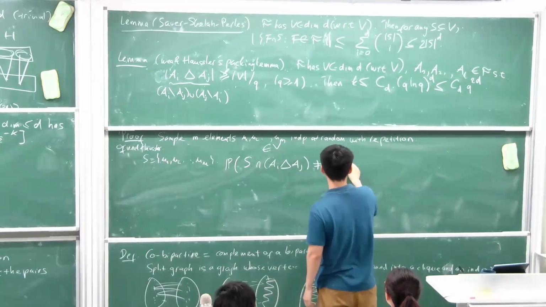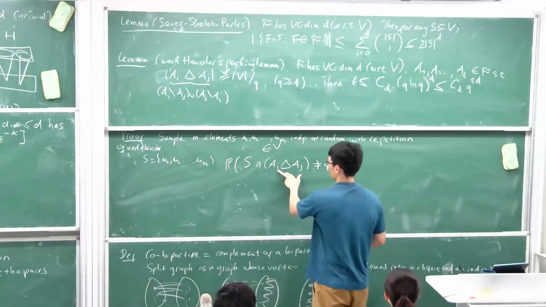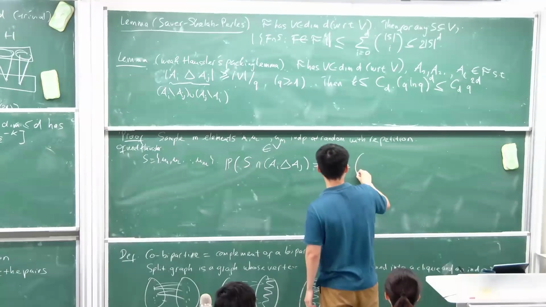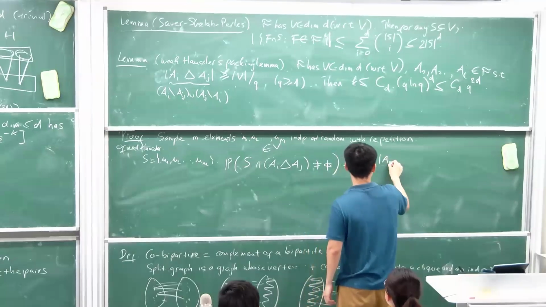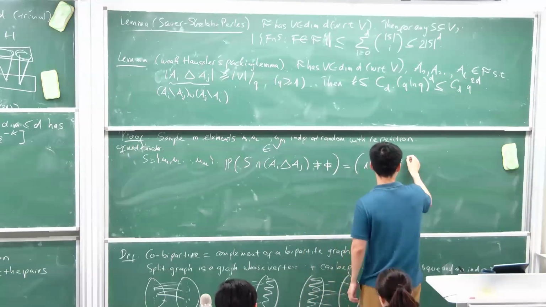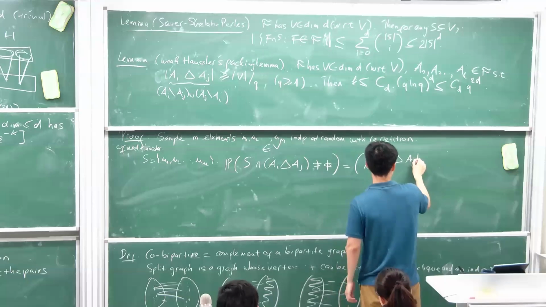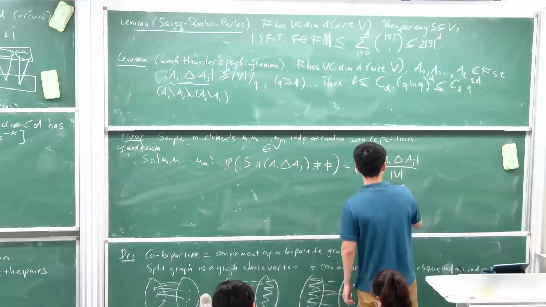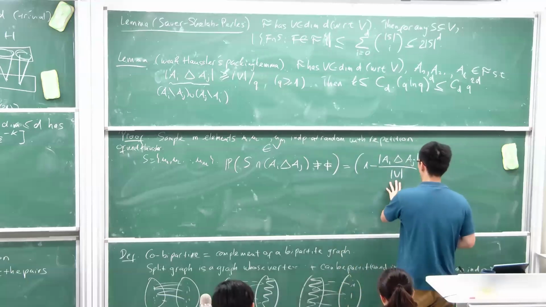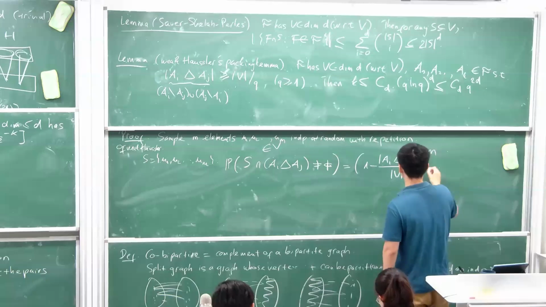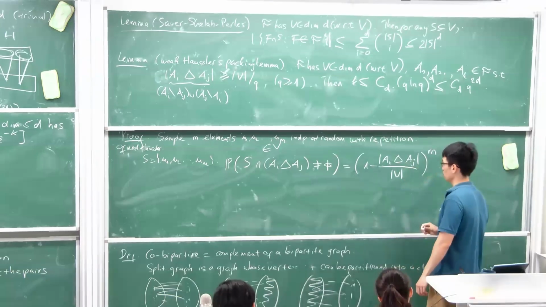So the probability is going to be exactly the size of the symmetric difference of A_i and A_j divided by the size of the ground set, one minus that, raised to the power of m.